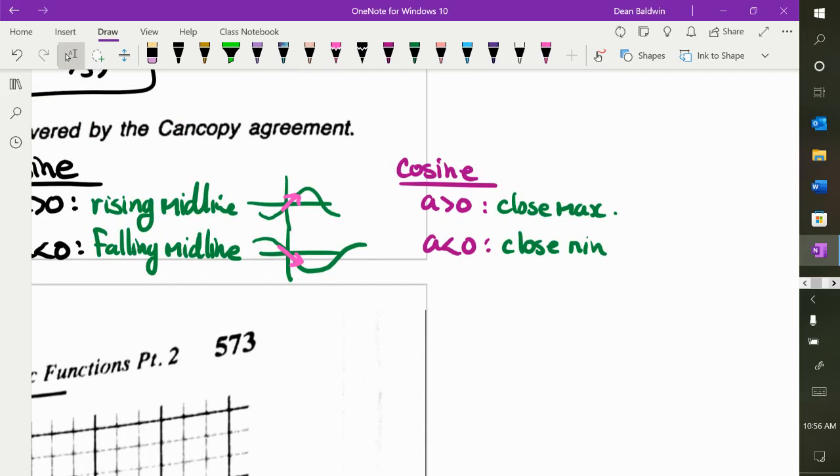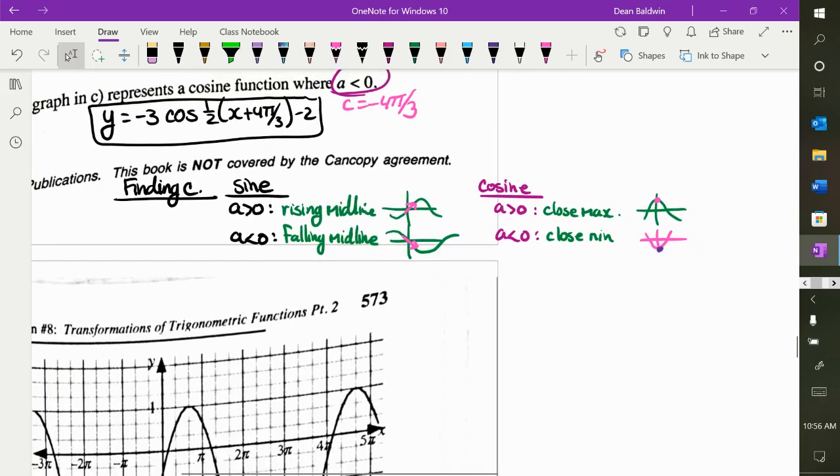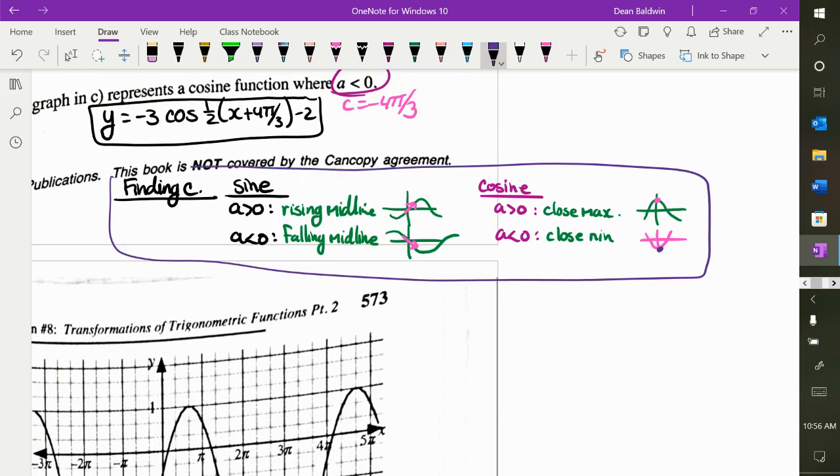It'll give you the same graph, but they always want the minimum phase shift. So closest max, you're looking for that point, and closest min, you're looking for that point. Know those things. Everybody can do all the other ones. These are what determine usually if you're getting full marks or not on these questions. Okay? To the origin.